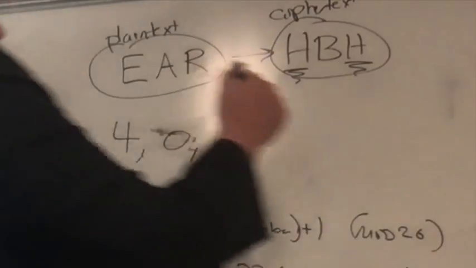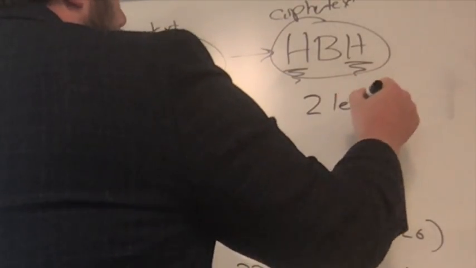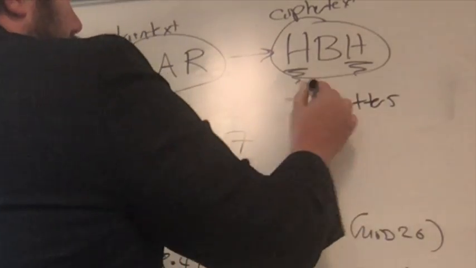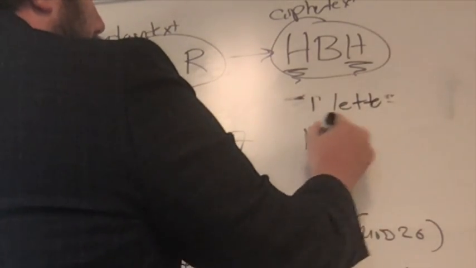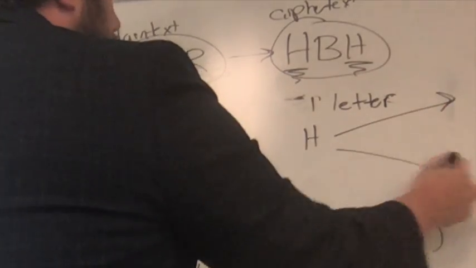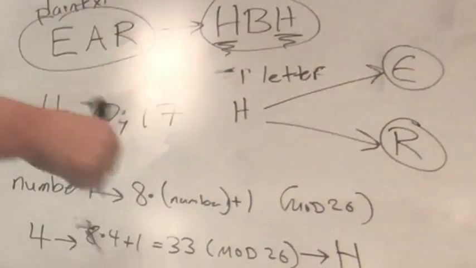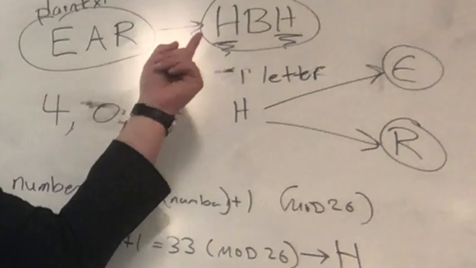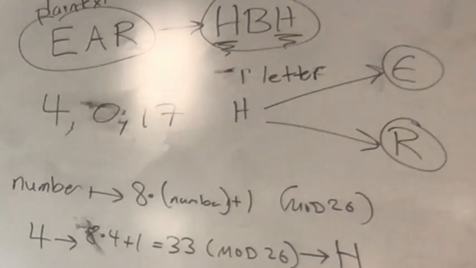But we have a letter in the ciphertext alphabet that corresponds to 2 different letters when we go to decrypt. And then the question is, well, how do we know which one to do? Because if we have to go through and figure out what H should go to each time, that's not going to work. It's going to take way too long.